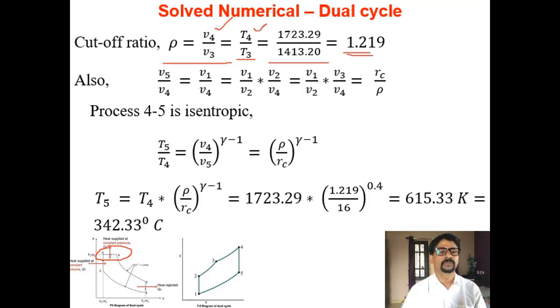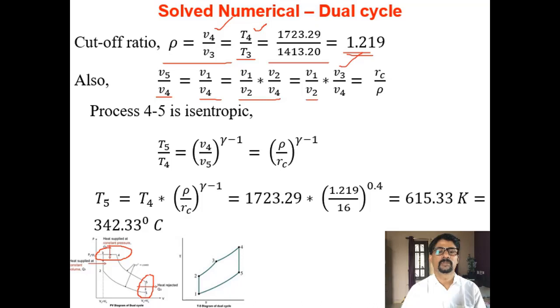And also you know that V5 by V4, that is the expansion ratio, you have to find out in terms of compression ratio and cutoff ratio. So V5 by V4 is nothing but V1 by V4, because you can see here 5 to 1 is a constant volume heat rejection process, so V5 is equal to V1. Some rearrangements here, multiplying and dividing by V2, you'll get V1 by V2 into V2 by V4, but V2 is nothing but V3.